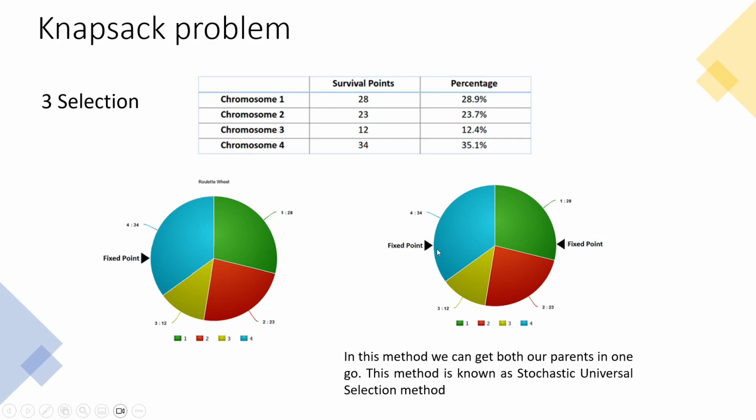Okay, you select both the father and the mother. If you use one fixed point, you need to select the father first and then you select the mother. So you select two chromosomes that you will be combining. If you use two fixed points, then you select both the father and mother at once. And if that percentage is big enough, the father and mother may be the same.